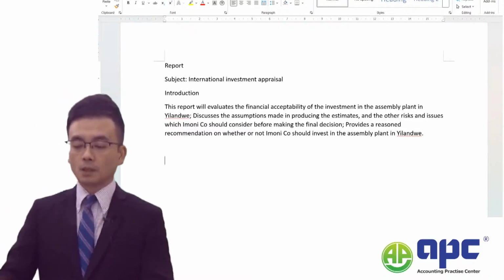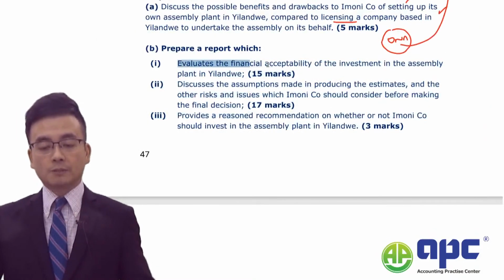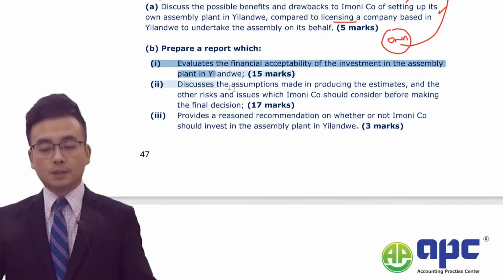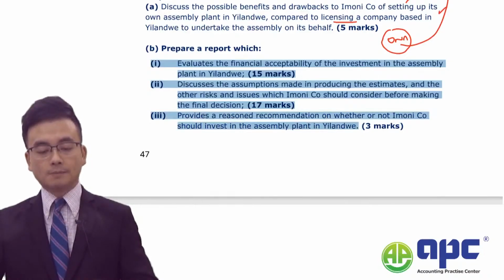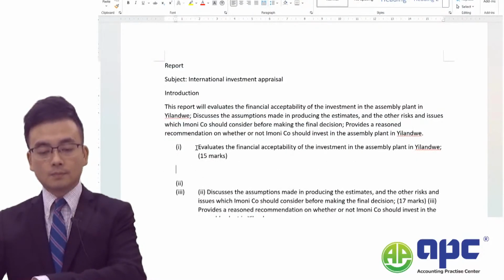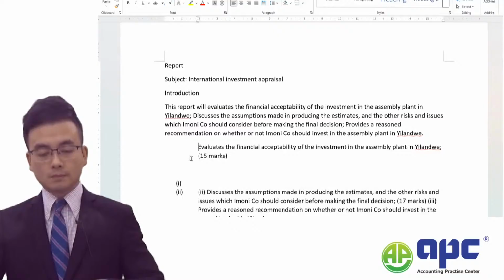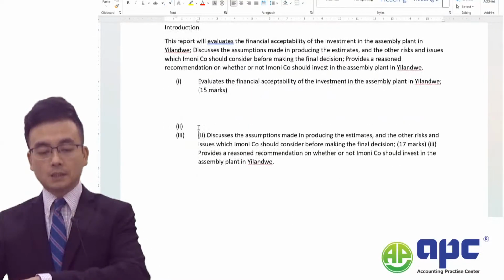Now, the next thing we need to do, because it evaluates the financial acceptability, is to copy again in our answer 1, 2, directly formatted, but it's fine, and 3.